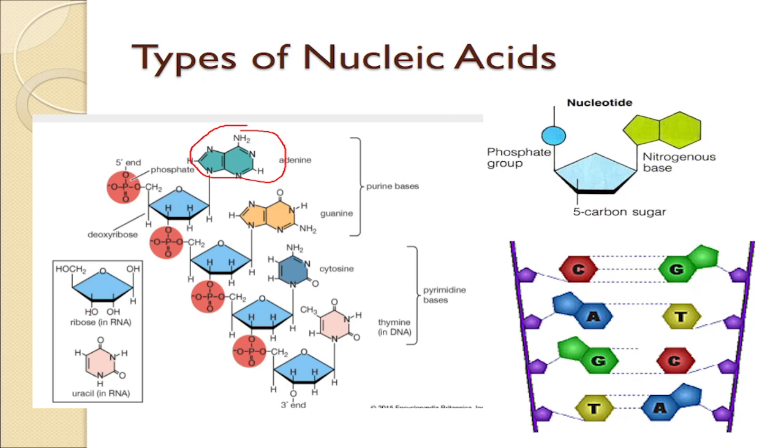The sugar is ribose, as in ribose in RNA, and deoxyribose, meaning there is less oxygen. It has something to do with the oxygen.